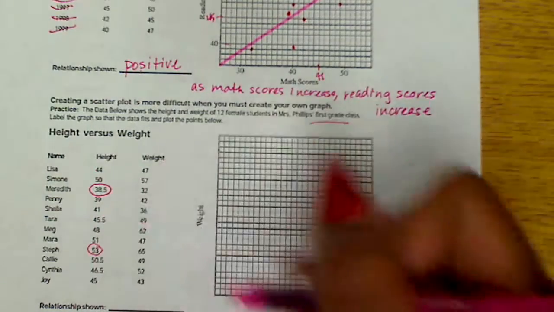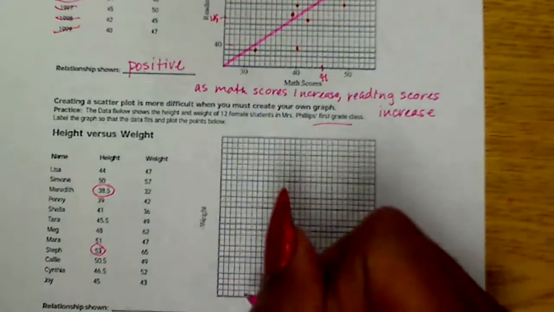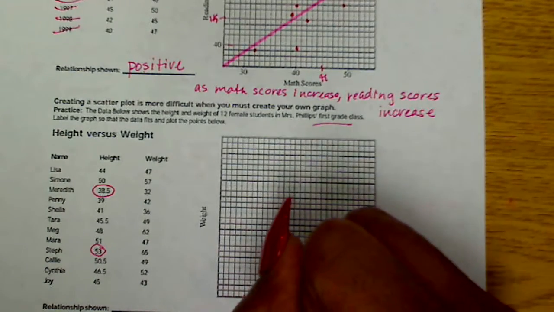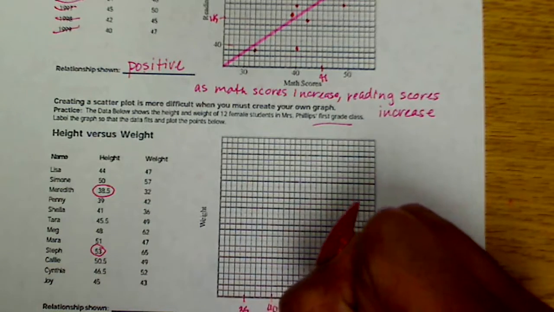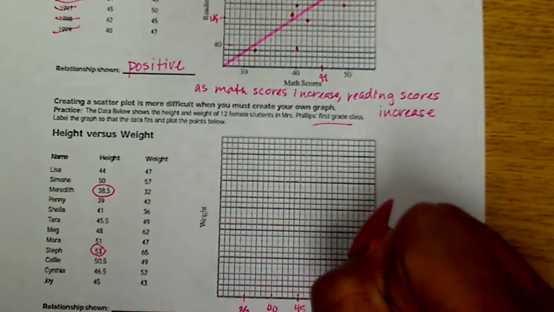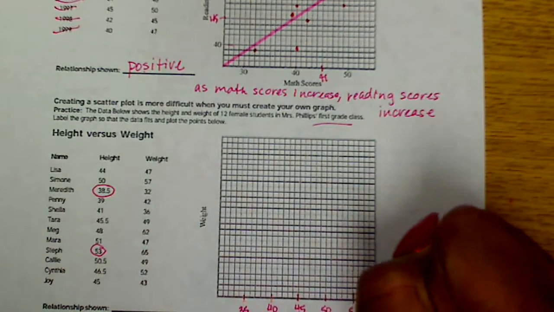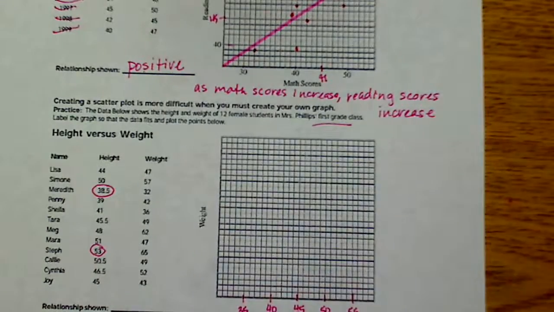So I need my range of numbers to cover this. So I'm going to start with, let's say, 35, 40, 45, 50, and 55. So I know that all of my heights will be contained within this graph.